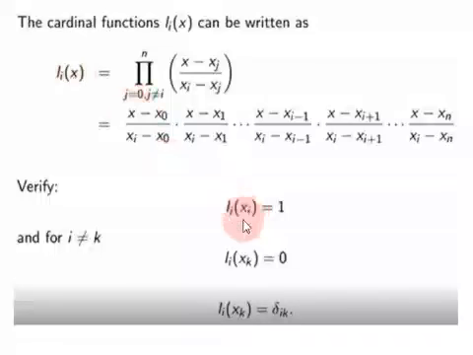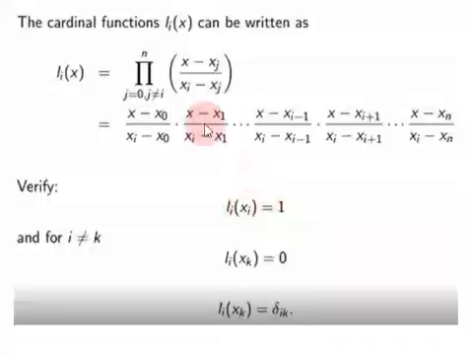When you plug this number in, you get the same factor in the numerator as in the denominator, so we can cross that off.